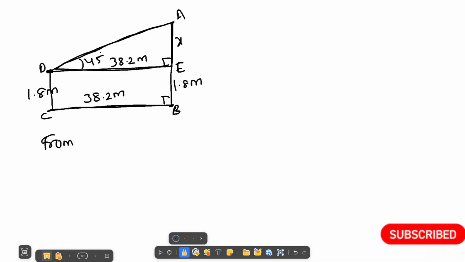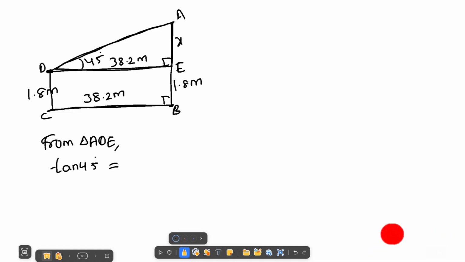Apply tan 45 degrees. Here tan 45 is the opposite side AE, that is X, over the adjacent side DE, that is 38.2 meters.